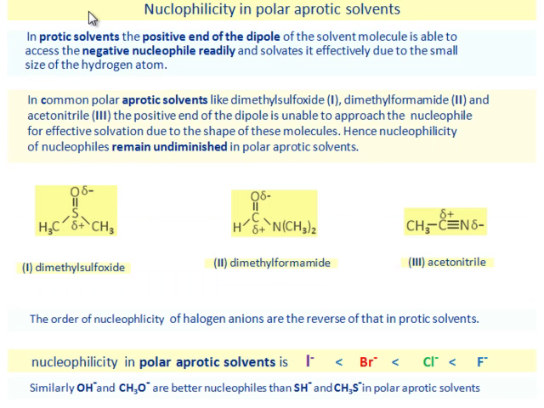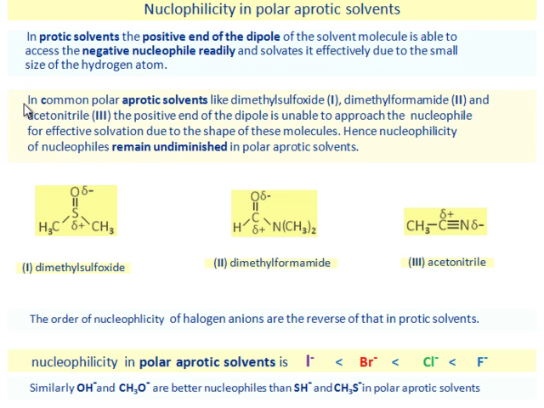Nucleophilicity in polar aprotic solvents. In protic solvents, the positive end of the dipole of the solvent molecule is able to access the negative nucleophile readily and solvates it effectively due to the small size of the hydrogen atom.